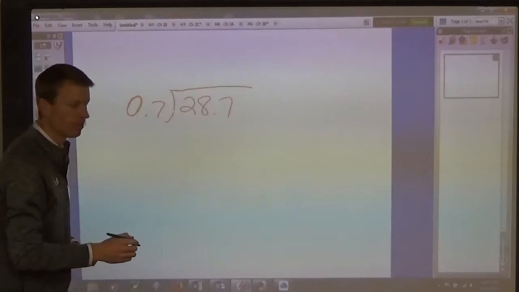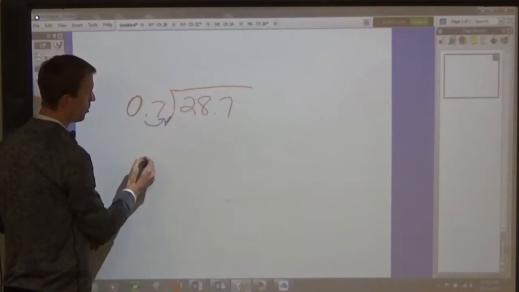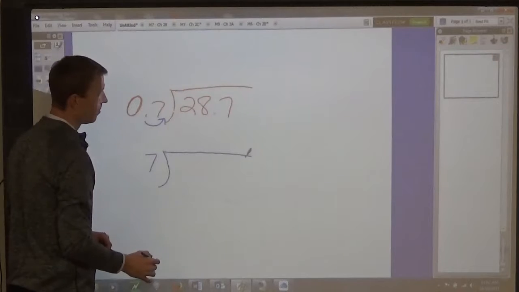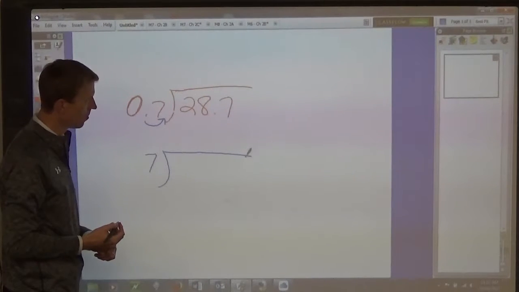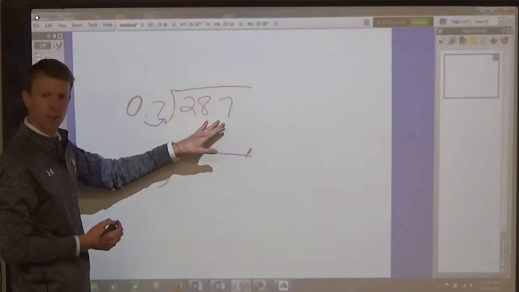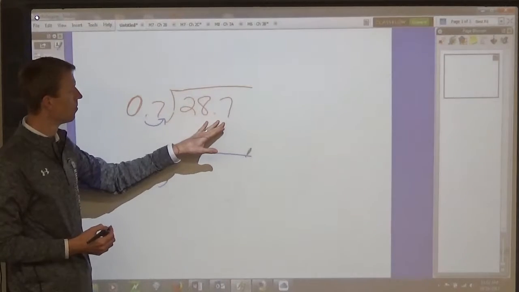Peter? You move the decimal point over to the other side of the seven. Yep. So we make this 7, and you get rid of the 0 on the other side of the seven. When you move over the decimal point, you don't even have 0, you just have a 7.